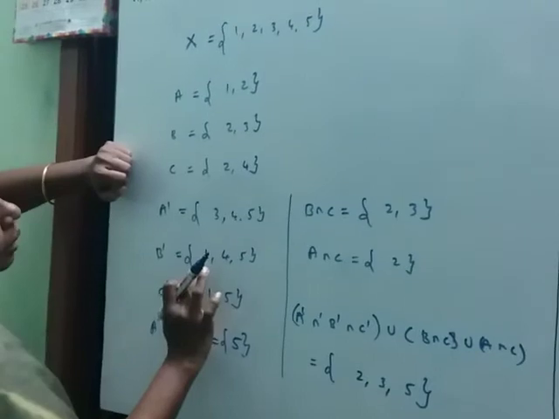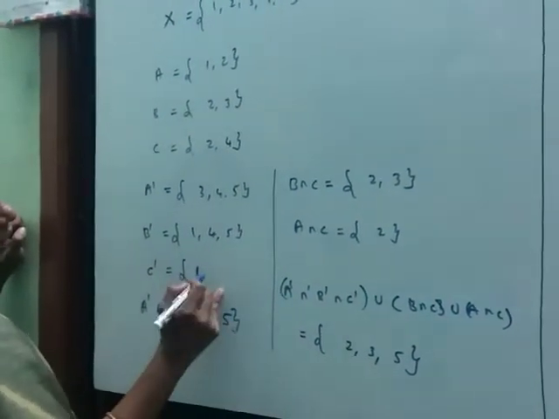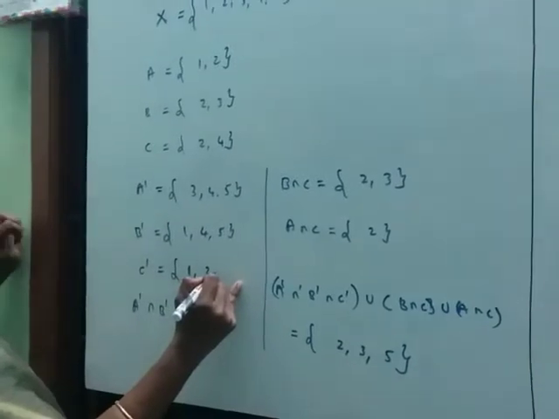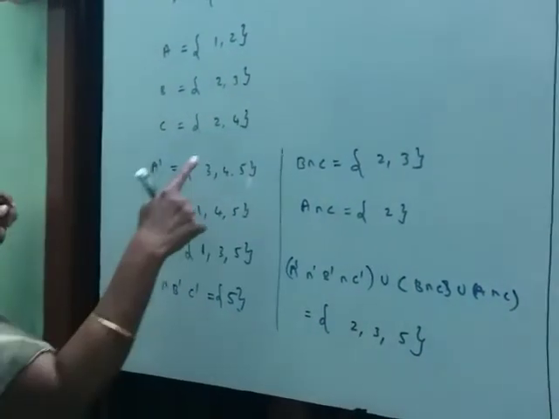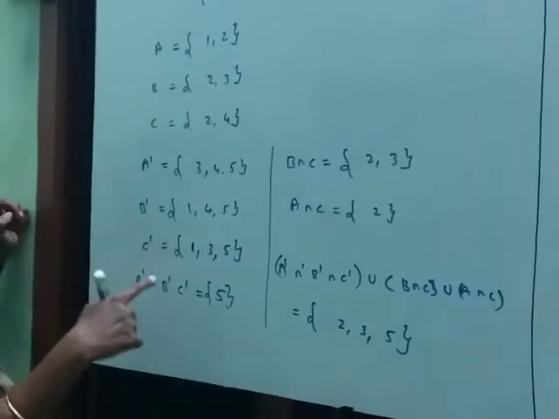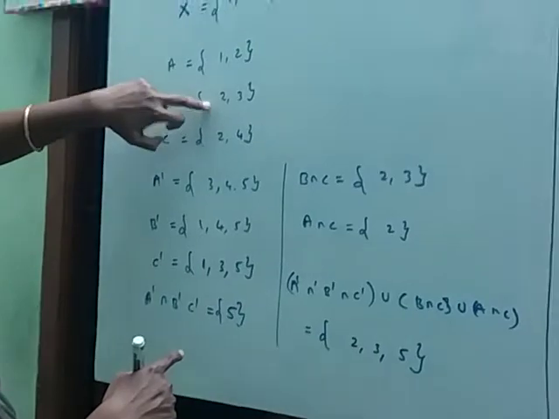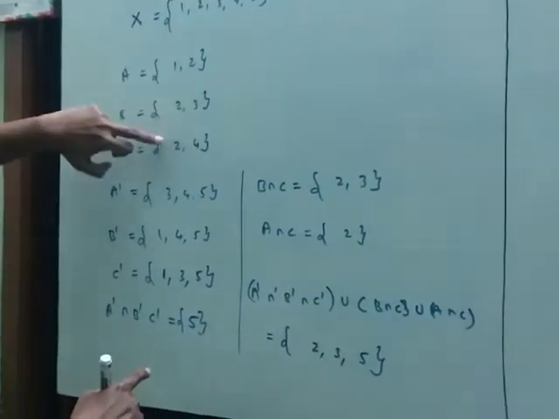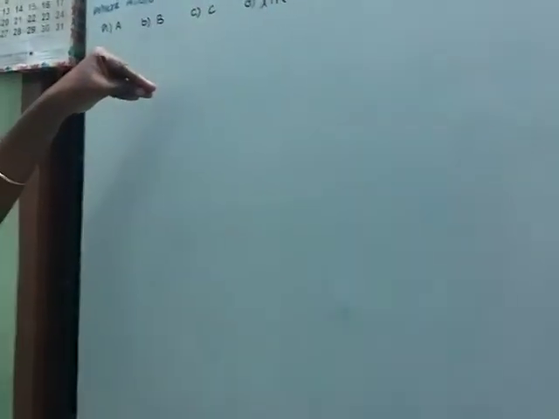So B dash is 1, 4, 5, and C dash is 1, 5. The assumption of sets depends on the person.